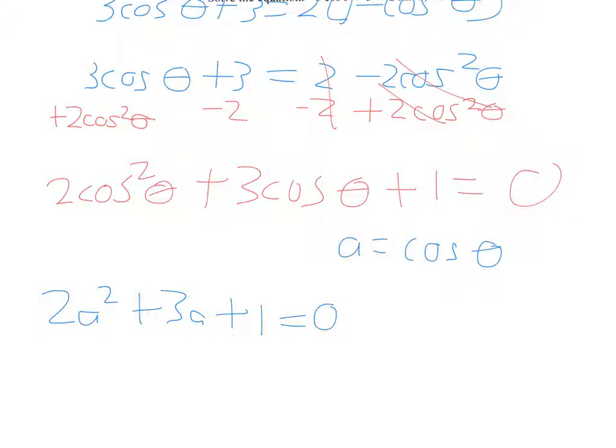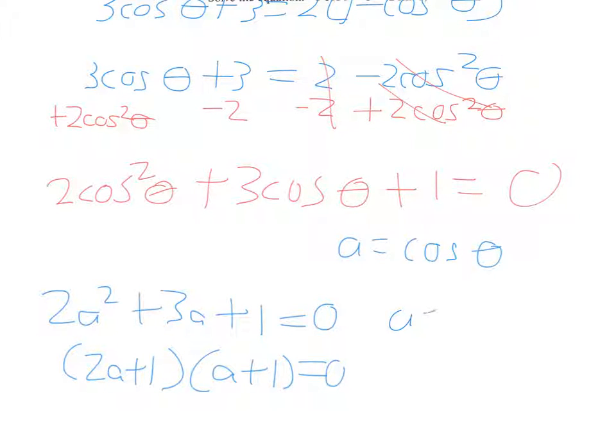We can figure out that that factors down to 2a plus 1 times a plus 1 gives you 0, which means that a is equal to negative 1/2 and a is equal to negative 1. So now we know that cosine of theta is equal to negative 1/2, or cosine of theta is equal to negative 1.